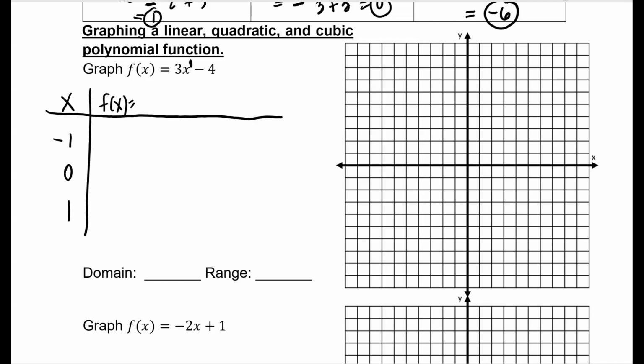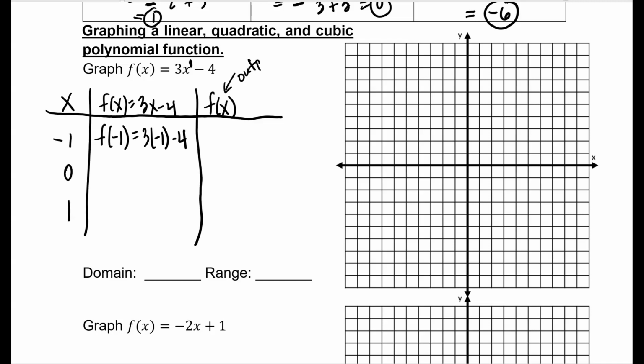So f of x equals, this is our function here. What we're going to do is plug in our numbers like negative 1. And I want you to tell me, what do you get for your f of x? F of x is your output or your y. Your x is your input. Your y is your output.